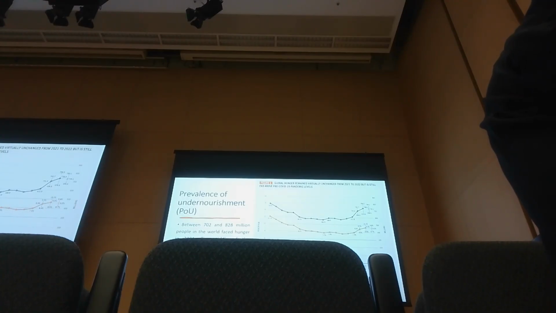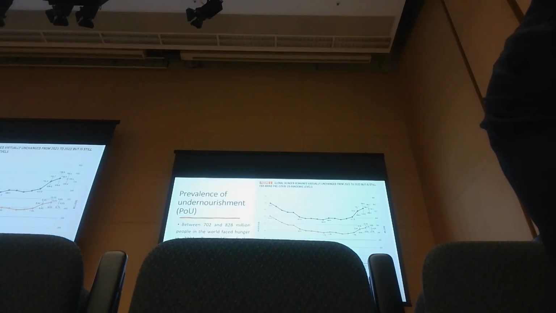And this one, for global hunger, the prevalence of undernourishment, is from 2005 to 2020. So what would be the change? And if you think about our targets for zero hunger, how close or how well are we doing in terms of achieving that goal, okay?